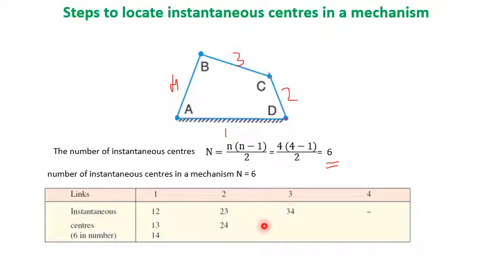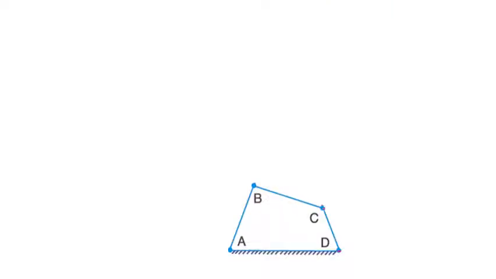So this is nothing but the bookkeeping method. The next one is, just by observation we have to locate the instantaneous centers. We know that this is the fixed link, this is crank link number 2, this is link number 3, and link number 4. Link number 1 and 2 make the first instantaneous center, that is I12. This is a fixed instantaneous center.